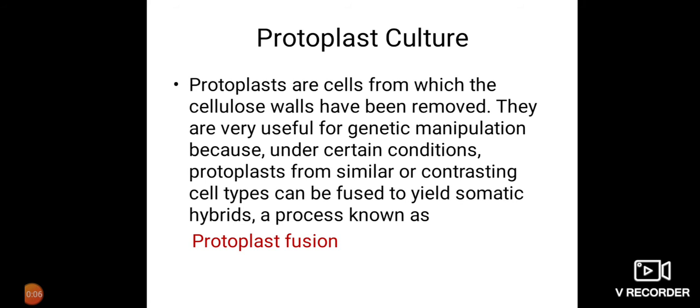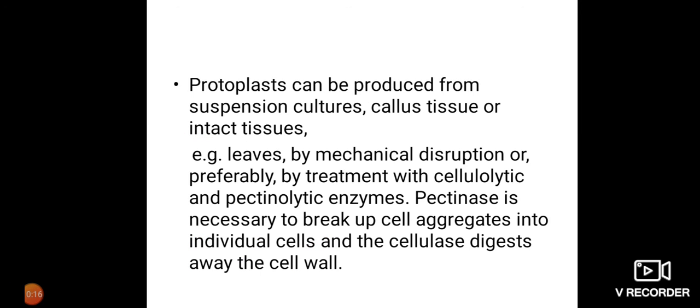First and foremost, people started doing this genetic manipulation through protoplast fusion by the hybridization method. How protoplast fusion was achieved is that people developed the protoplast first in the form of a suspension culture, from callus or from intact tissues.